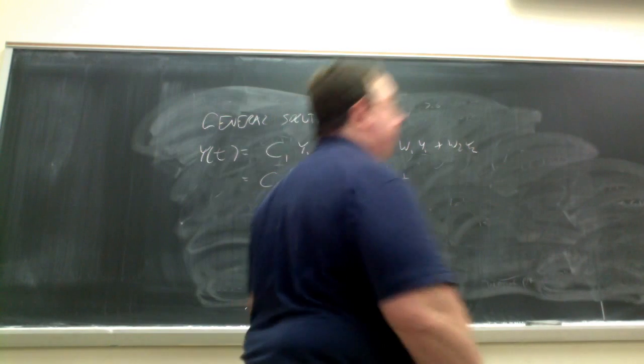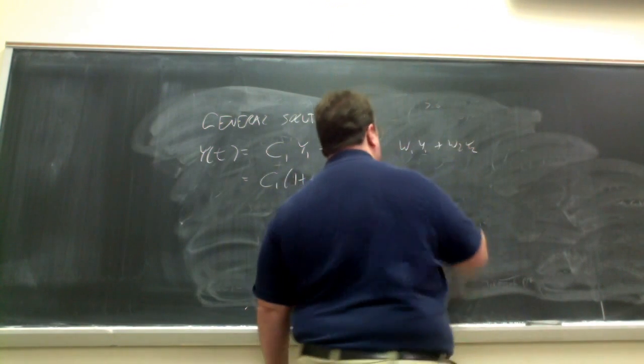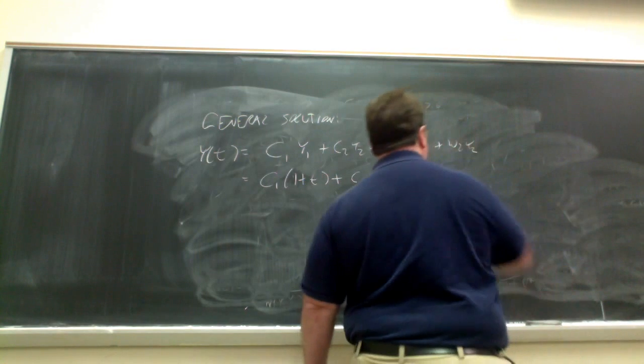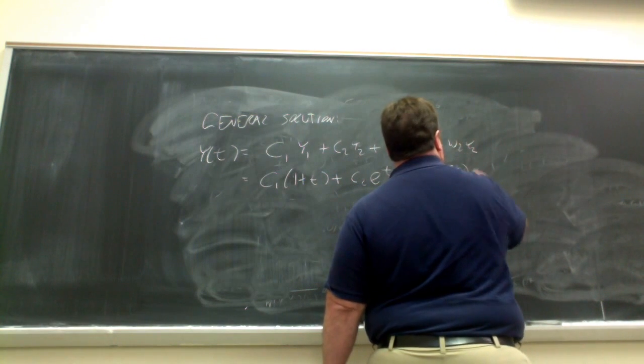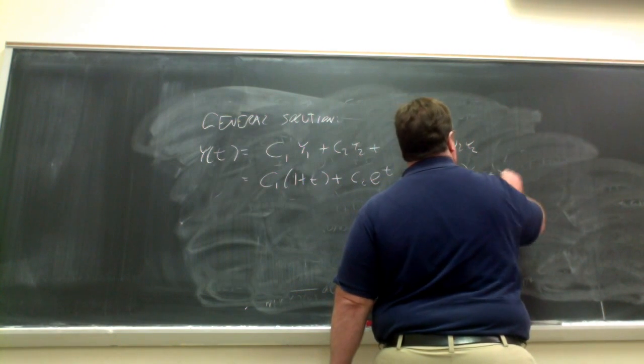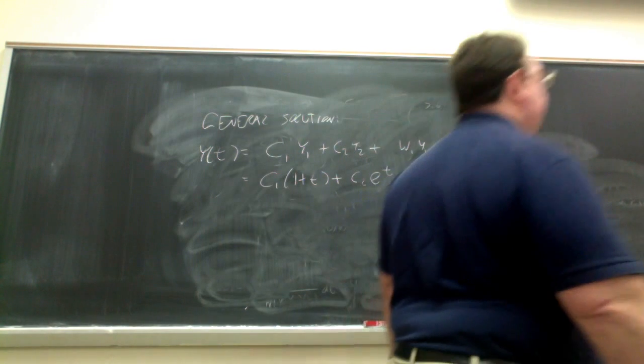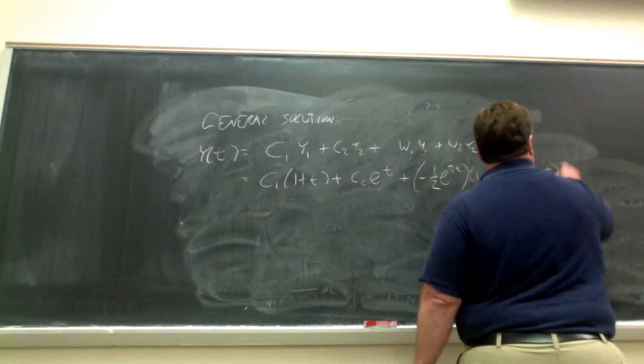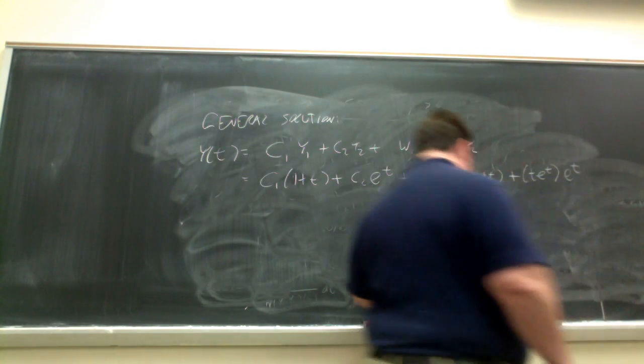And then W1 turned out to be minus 1/2 e to the 2t times (1 plus t). And then W2 turned out to be t e to the t, and then times e to the t.